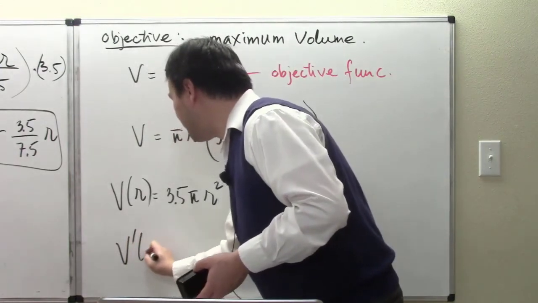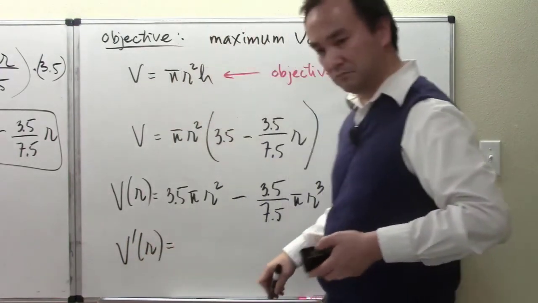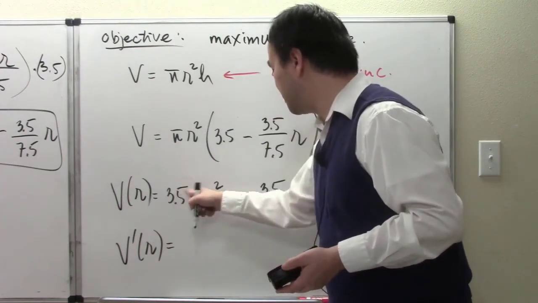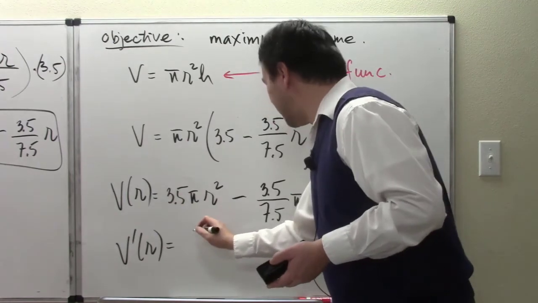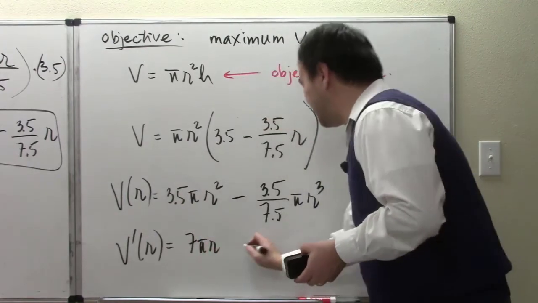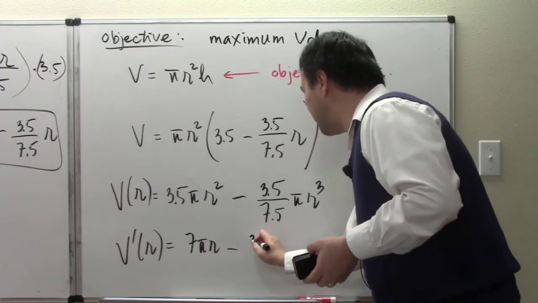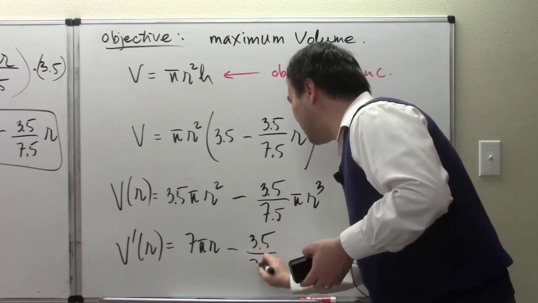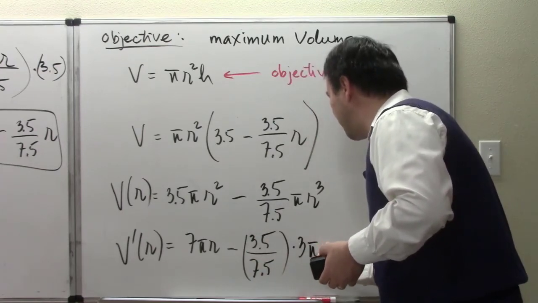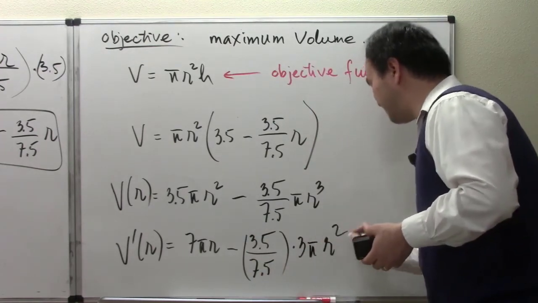V prime of r, or dV/dr, is going to give me, multiplying the 2 down, 7 pi r, minus 3.5 over 7.5 times 3 pi r squared.